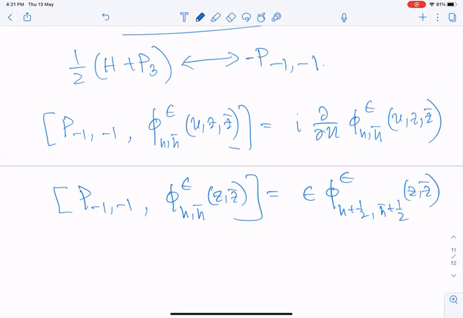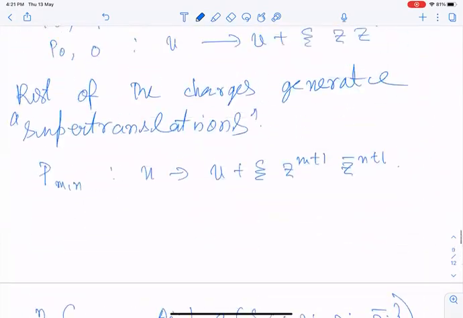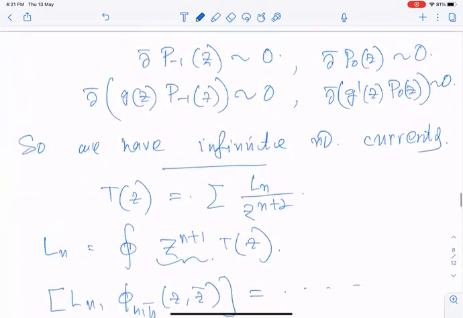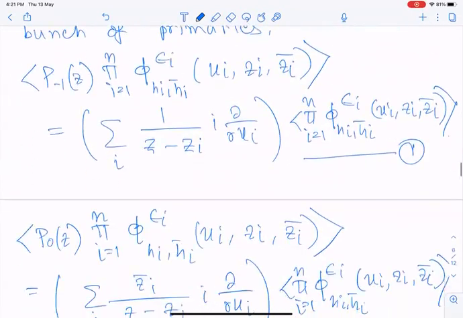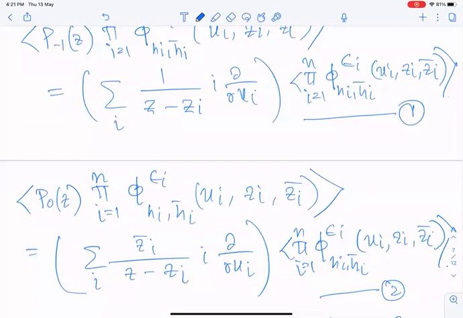So in this case, these Hamiltonians are kind of the asymptotic, right? I mean, they are acting on the free, like asymptotic states actually. And basically, whatever is there in the interacting theory is all there in these two Ward identities, this P minus 1z and P0z, and that is essentially the statement.